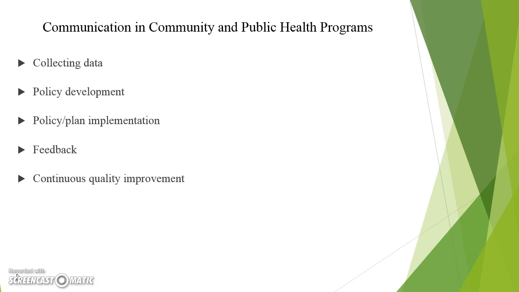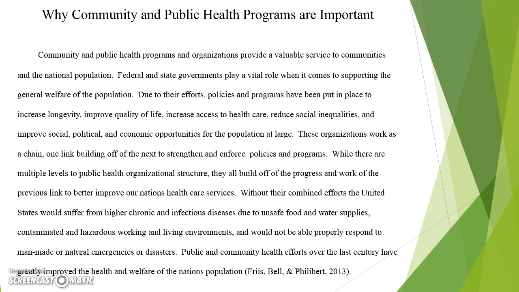Communication is vital if policies are to be strategically implemented to improve how public health efforts are being delivered. Teams on every level must decide the best solutions to the health problem, what resources are needed, what resources are available, and how to innovatively improve community and public health for the population.